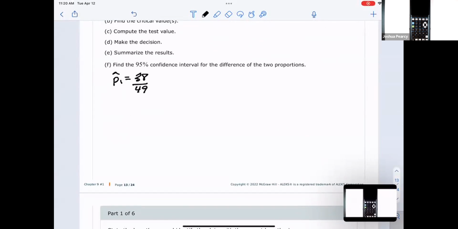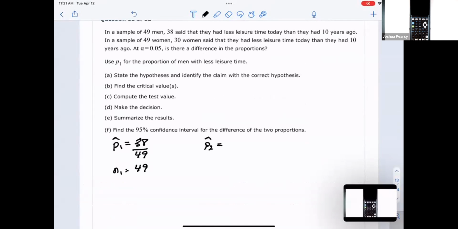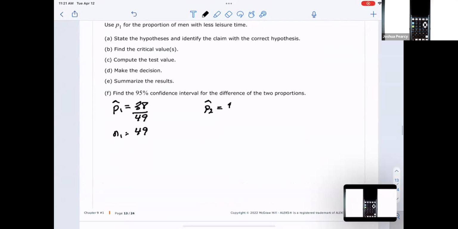And then N1 is equal to the sample size for the men, so 49. P2 hat is equal to the proportion of women who had less time today than they did 10 years ago, and that is 30 over 49. And N2 is still 49.